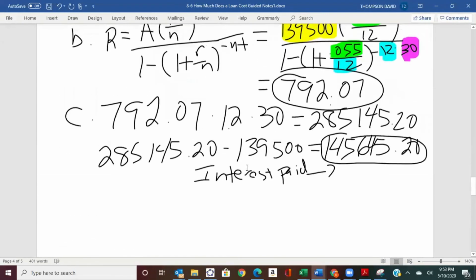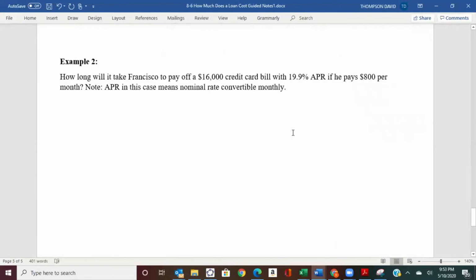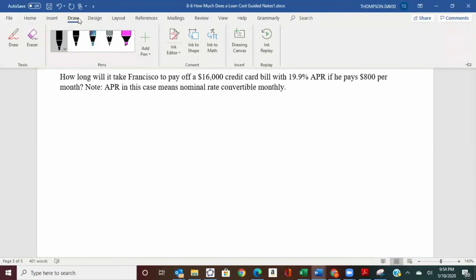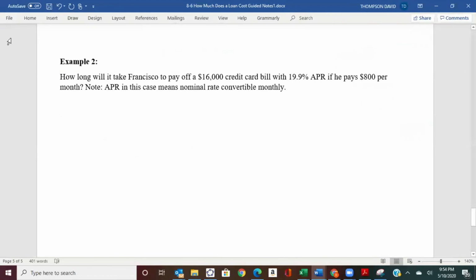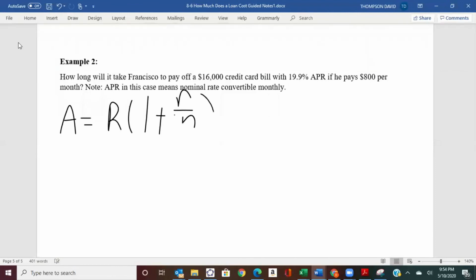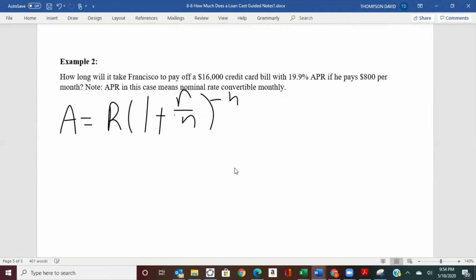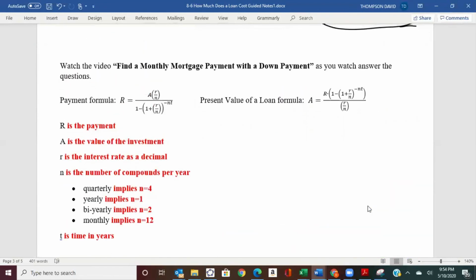So the formula we need to use is the present value of a loan formula, which is A equals R times 1 plus R over N, to the negative NT, all that over R over N. Yes, I copied it down correctly.